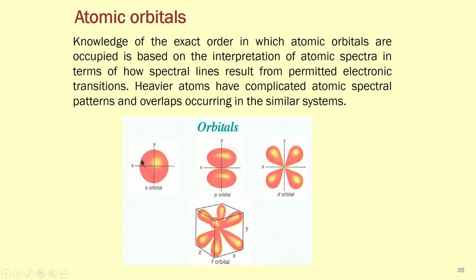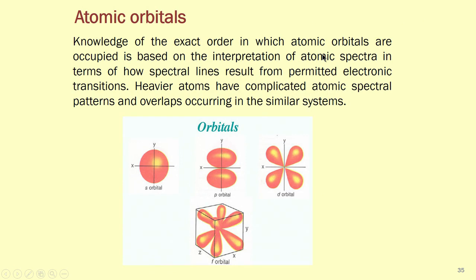Now let us look at how the electrons move around. This is the shape of the s orbital. You can see that the nucleus is located at the center, and there are x and y axes, and you can imagine a 3D space around this. The s orbital is spherical.